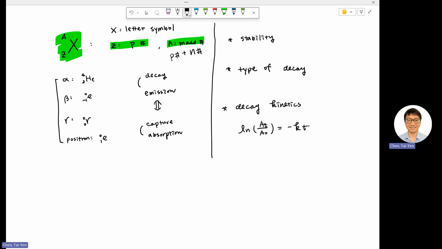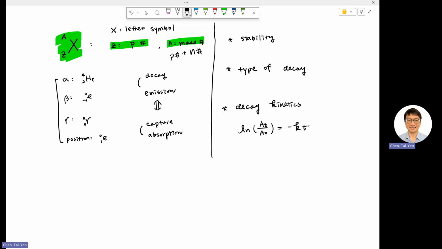So for today, we're going to tell you how to predict. If I give you one atomic symbol, can you predict the stability of the nucleus? That's a big part of the questions we encounter in chapter 18. If I give one atomic symbol, can you predict whether it is stable or not stable?